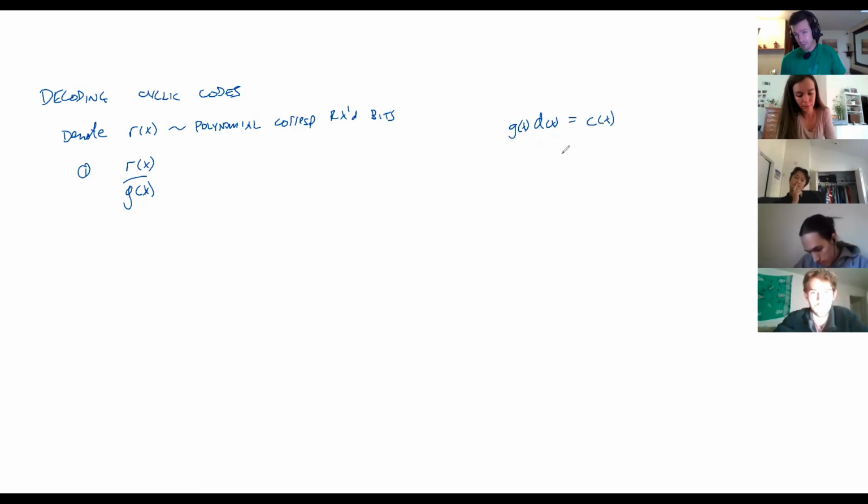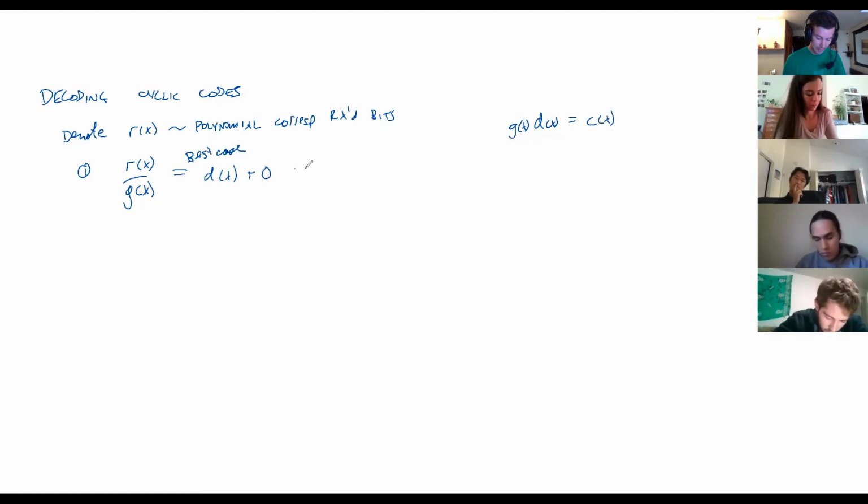So okay, maybe this is not clear. The best case scenario is no errors occur in the channel. And so R of x is the valid C of x. That means that when we do this division, we should get no leftover. So best case, we get D of x and no remainder.